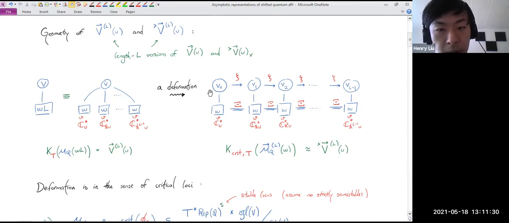What will end up happening is we'll introduce these two extra maps, which are called lowercase xi and uppercase xi. The uppercase xi, which is acting on the framing nodes, is not very interesting. It's literally just the choice of isomorphism between these framing blocks, each of which are the same size, small w.